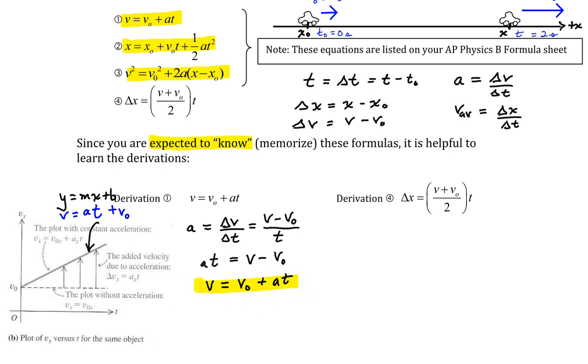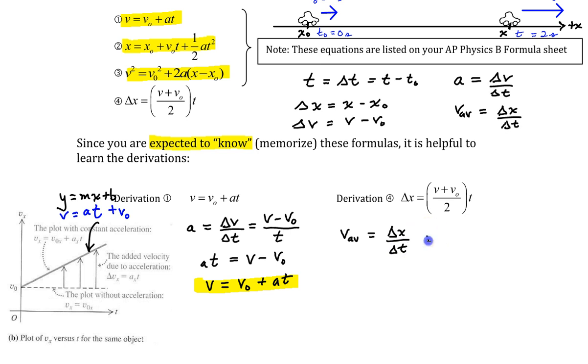All right, let's move on to this equation here, number 4 in our list, and let's derive that. Now this one comes from the definition of average velocity. Remember, average velocity is the displacement divided by the time.